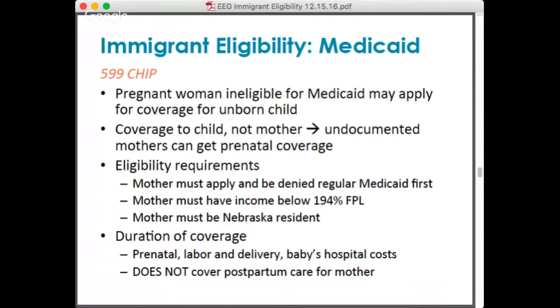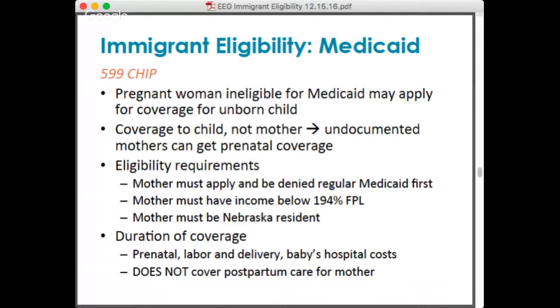A mother has to apply and be denied regular Medicaid first. She must have an income below the pregnancy threshold, which is 194% of the federal poverty level, and be a Nebraska resident. An undocumented person can technically, even though they're not lawfully present, be a Nebraska resident because they have that intent to remain indefinitely.